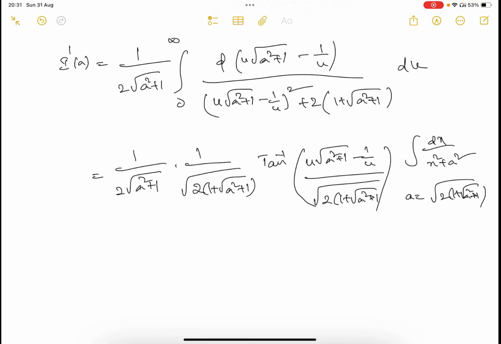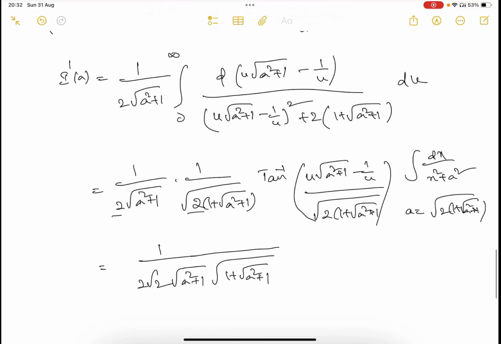Fine. Then this can be written with root 2 from here, root a square plus 1 into root of 1 plus root of a square plus 1.